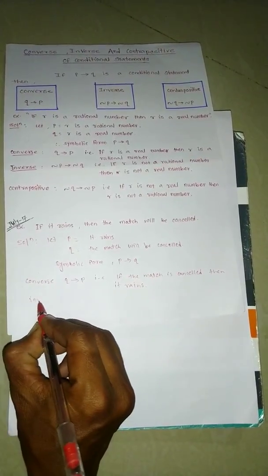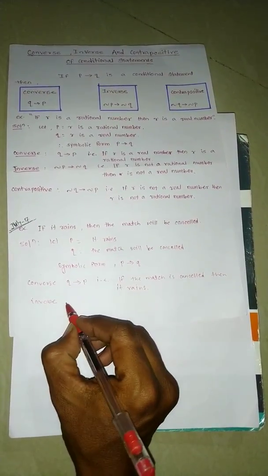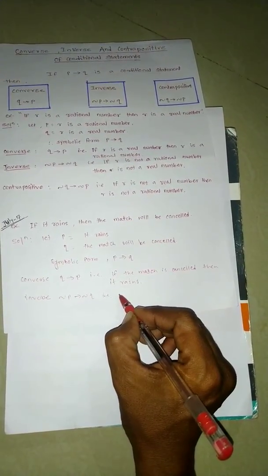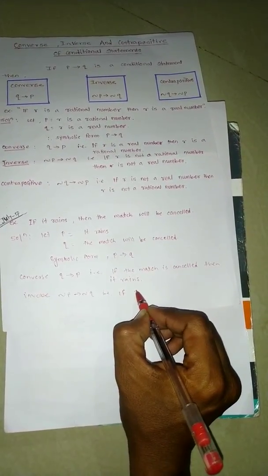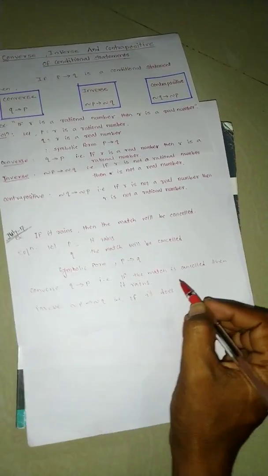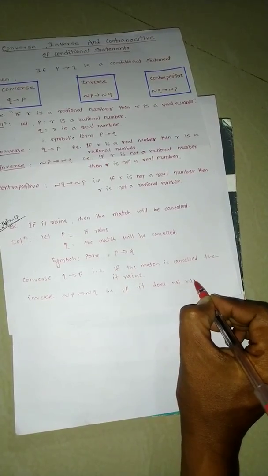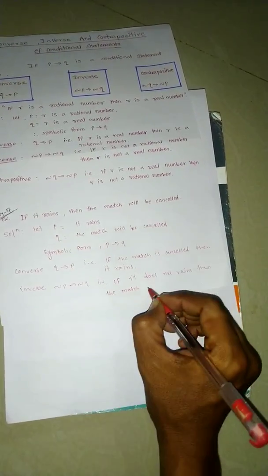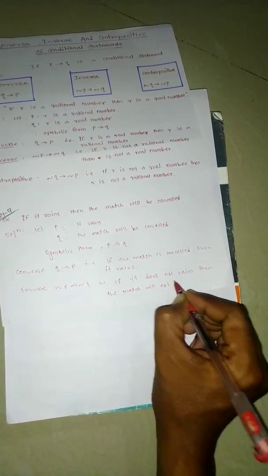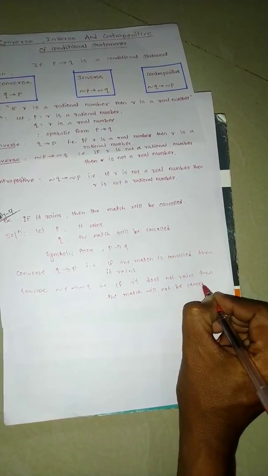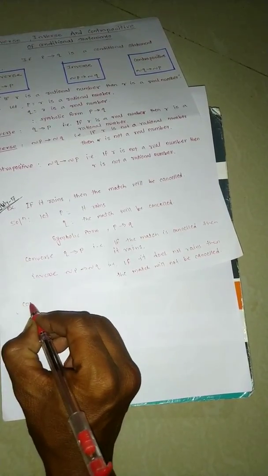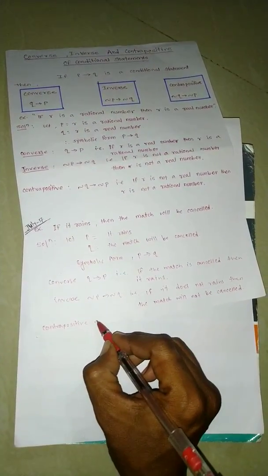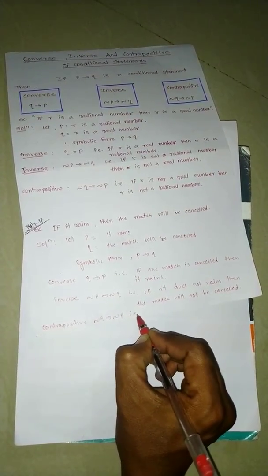Second, the inverse. We know the formula: negation of P implies negation of Q. That is, if it does not rain, then the match will not be cancelled. Then the contrapositive: negation of Q implies negation of P, the reverse of the inverse statement.